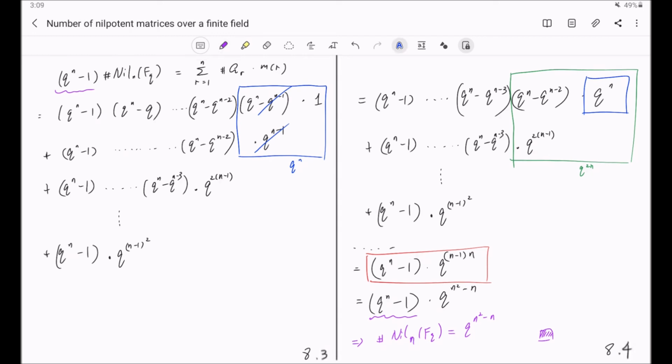This proof is very elementary and beautiful. The only weakness, in my opinion, is that maybe you have to know this formula for the number of n by n nilpotent matrices over Fq at the beginning, because we use induction to prove this result.